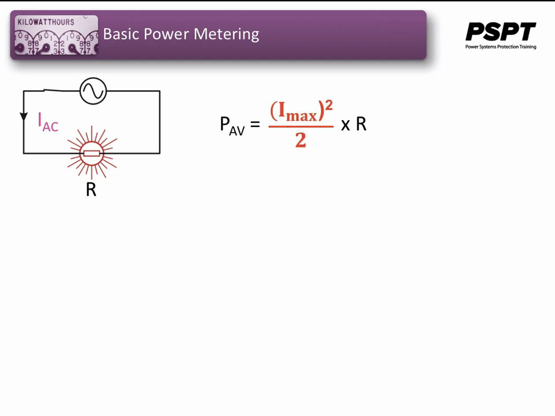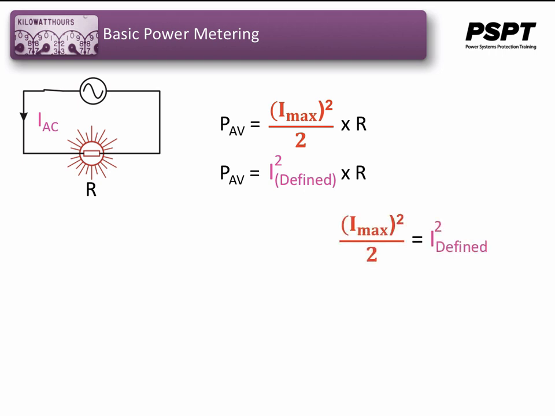We just saw from the previous slide that the average power can be calculated by I max squared over 2 times the load resistance. Let us define a current that, when used to calculate power, gives us the average power. In other words, when that current, we'll call it I subscript defined, is squared and multiplied by the load resistance, it will give us the average power.